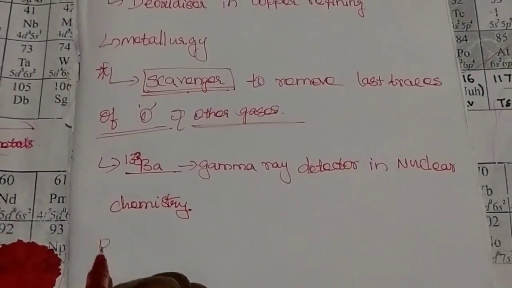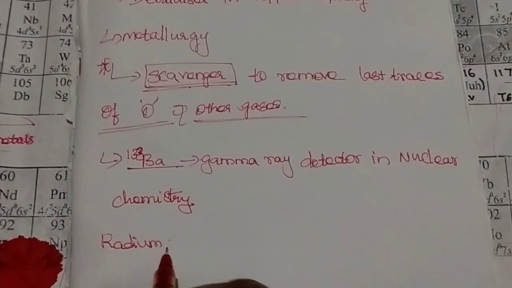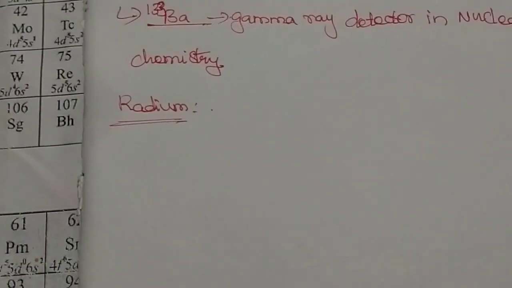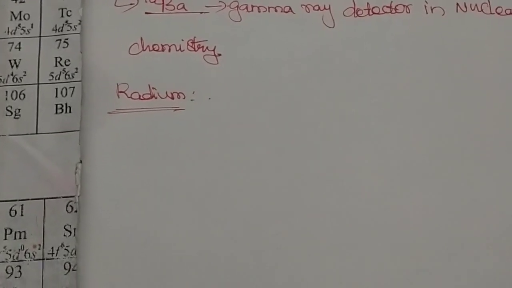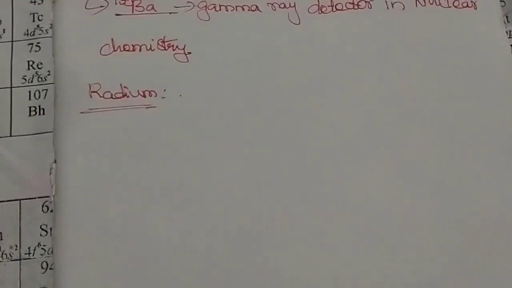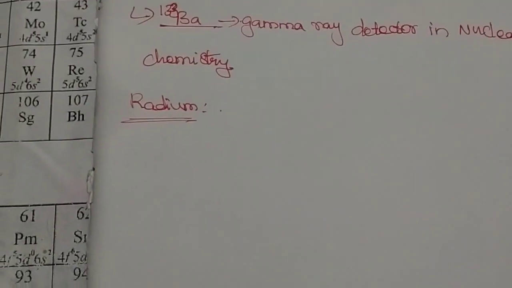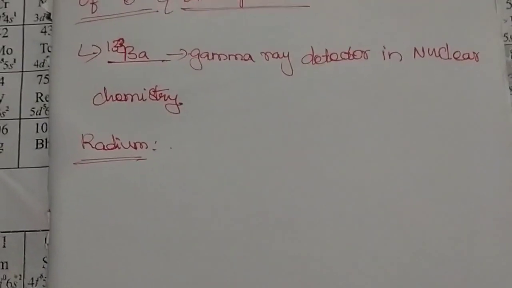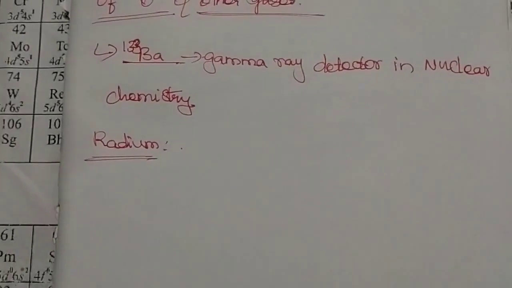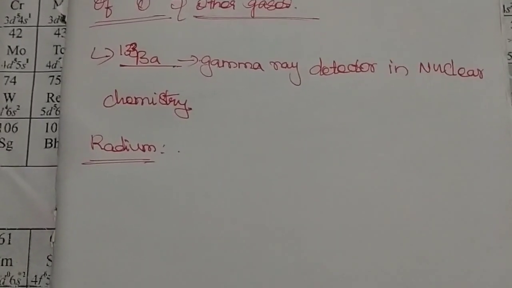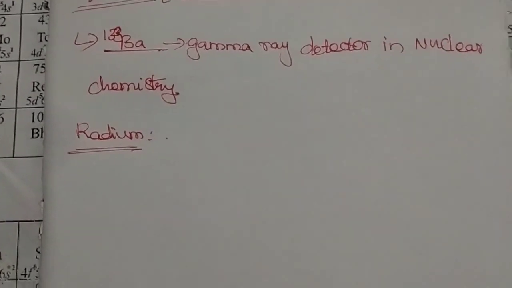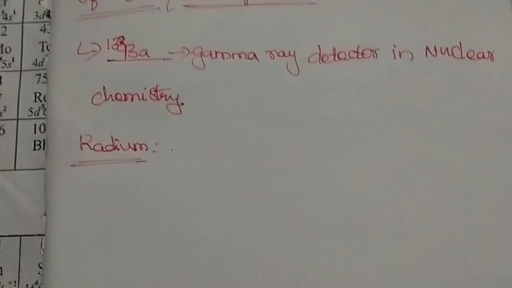And the next one is radium. This is the last element of the alkaline earth metals. You know that generally radium is a self-luminous element. So if you look at it in a dark place, you can easily see the self-luminous character of radium, and even in the light it can show this character.